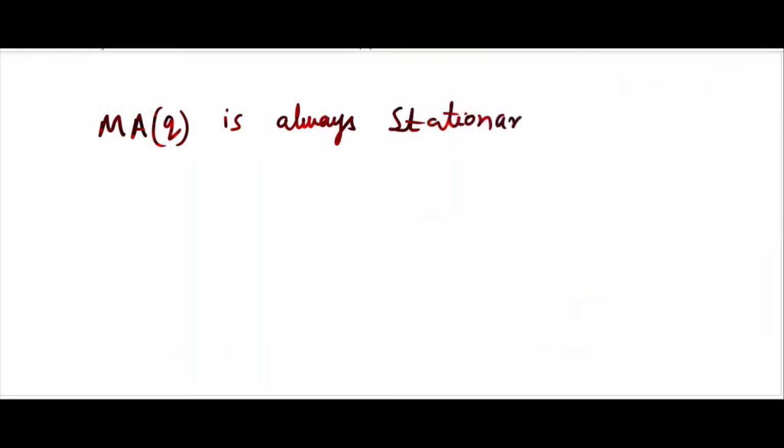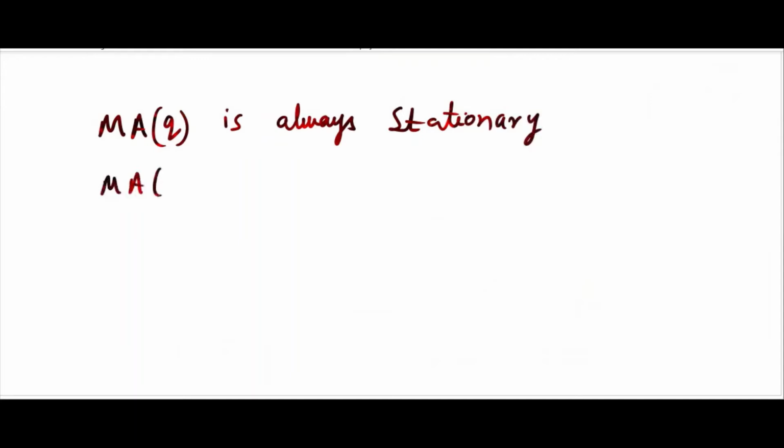The MA process is always stationary. So what will we check in an MA process and why?